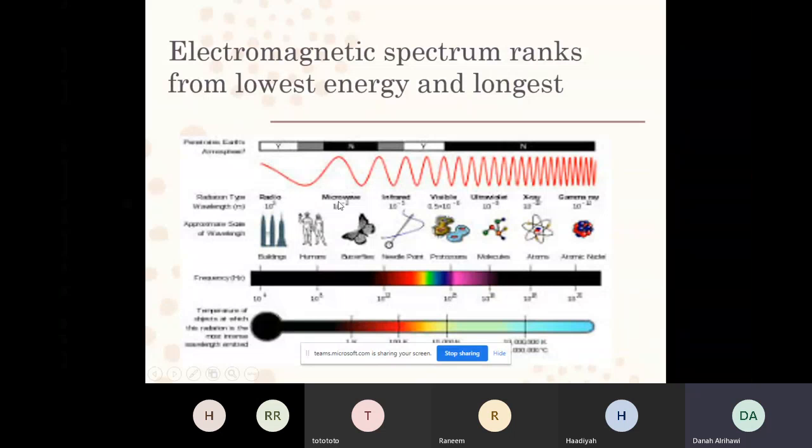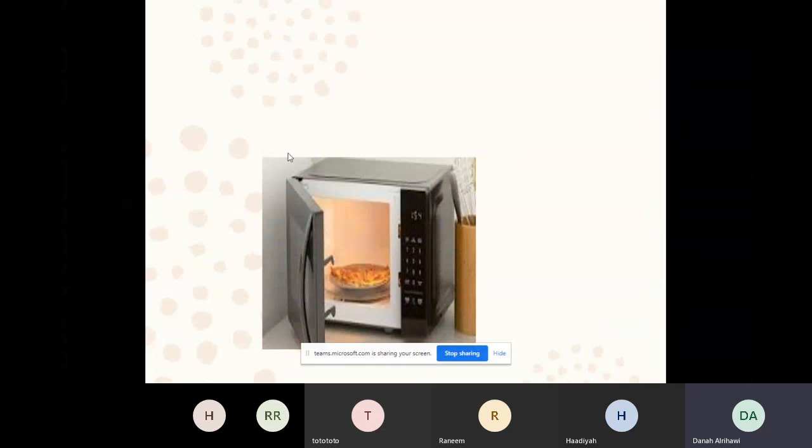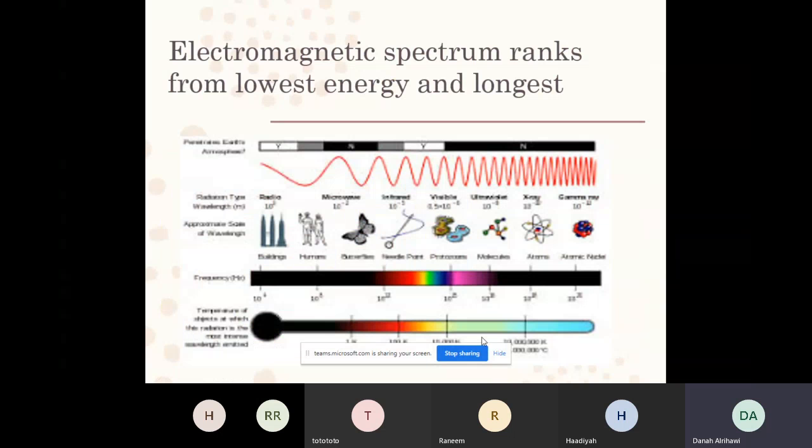The second one, the microwave, we use to heat our food quickly. Again, radio helps us send signals, for cell phones, TV and music. The second one is the microwave that we use to heat food.